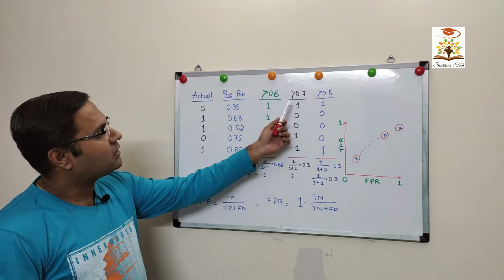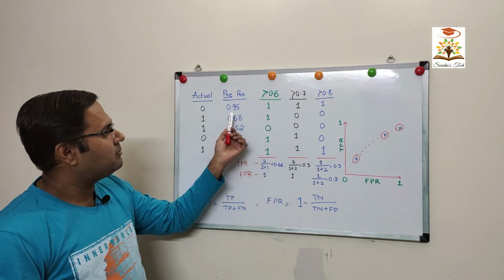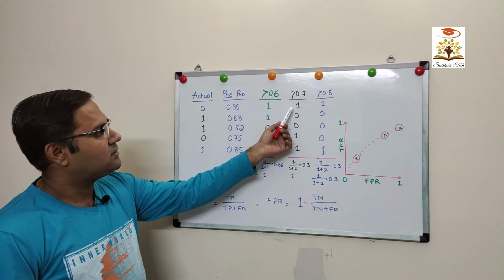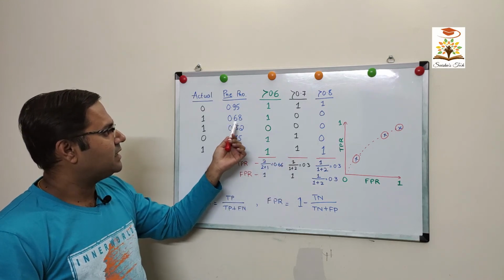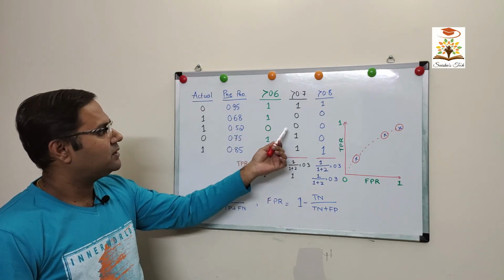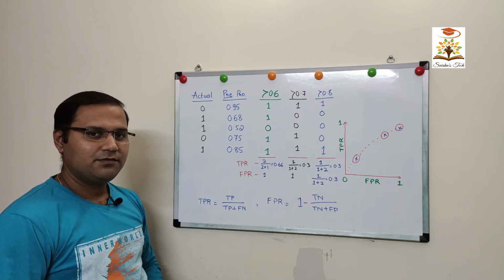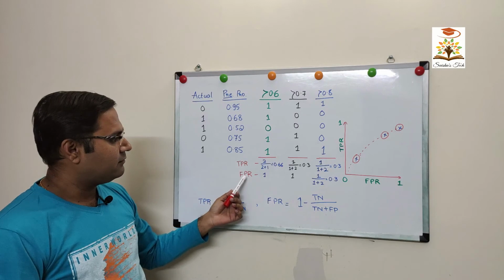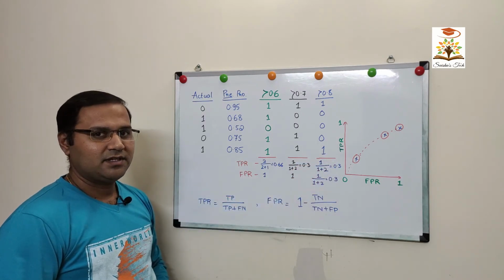Similarly, for threshold greater than 0.7, we convert the predicted probabilities into levels of 1 and 0. As you can see, 0.68 is 0, 0.52 is 0, and the rest of them are 1. We calculate the TPR and FPR and plot that on the graph.